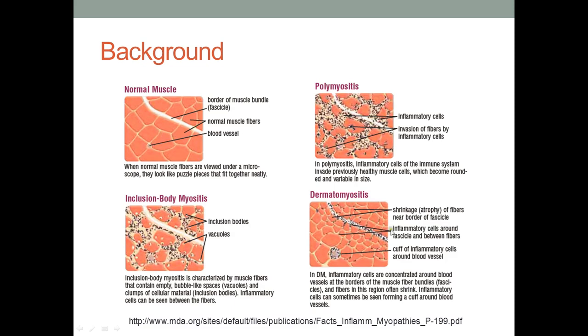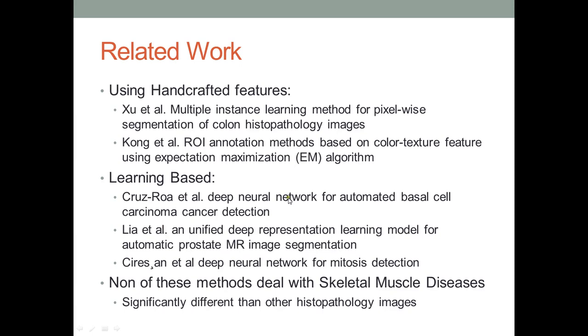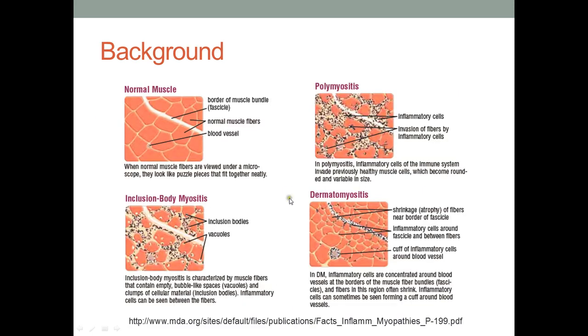But there are three different types of myositis, namely polymyositis, dermatomyositis, and inclusion body myositis. As you can see, there are lots of mononuclear cell infiltrations into the region of cells. Some of the cells are really degenerating, with the muscle cells being relatively smaller, distributed toward the region of the perimysium.